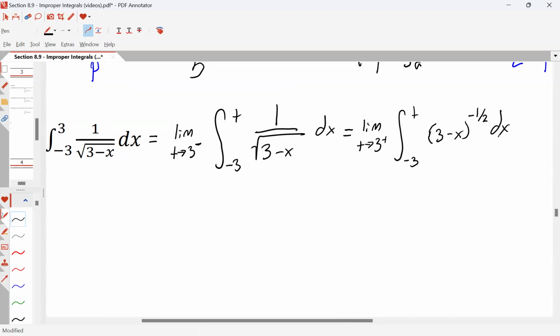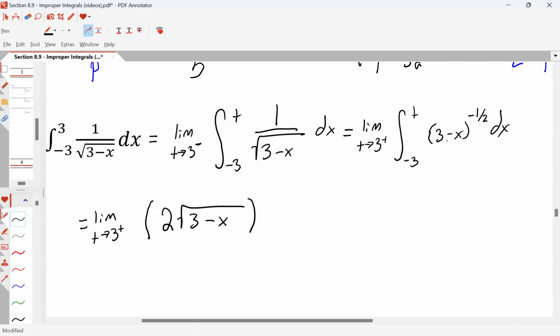We add 1 to the exponent and then divide. So the antiderivative will be 2 square root 3 minus x, because we added 1 to the exponent and divided by that.